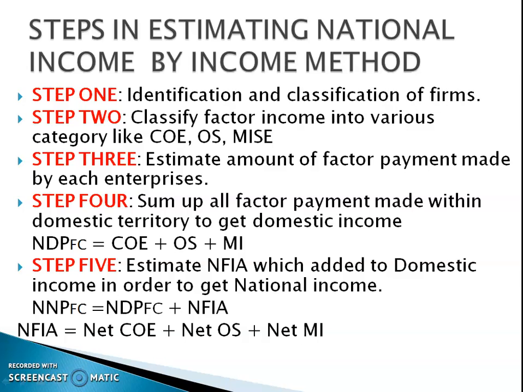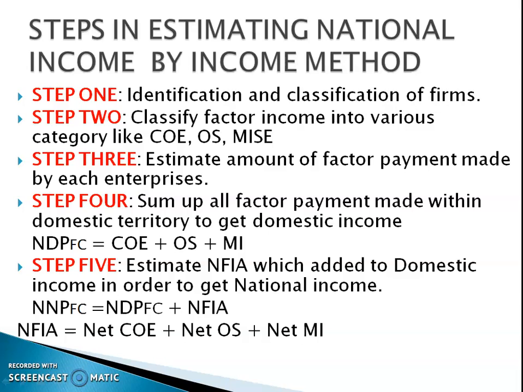Then how can we estimate net factor income from abroad? As with domestic income calculation, income from abroad is also classified into 3 categories. They are net compensation of employees, that is, compensation of employees received from the rest of the world minus that paid to the rest of the world.